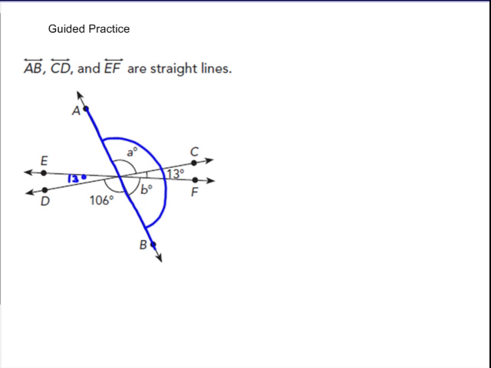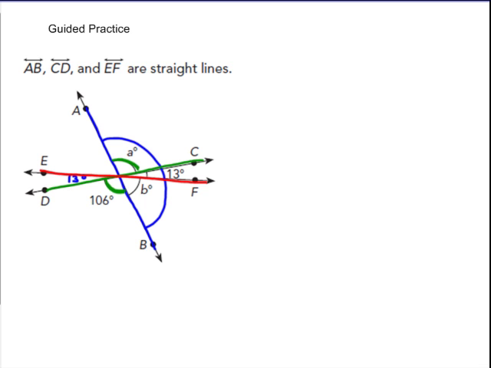So I know that A, I can see, is a vertical angle with this A over here, right here by these two lines, EF intersecting with CD.